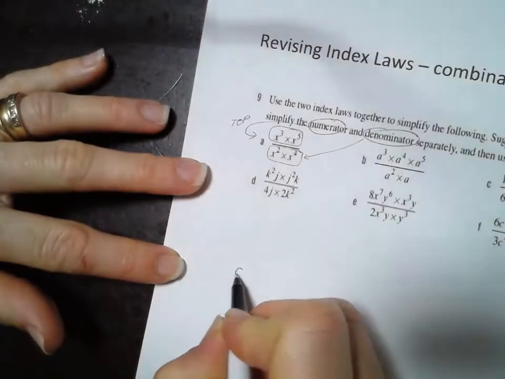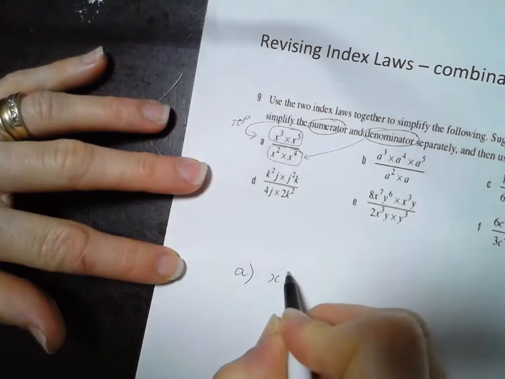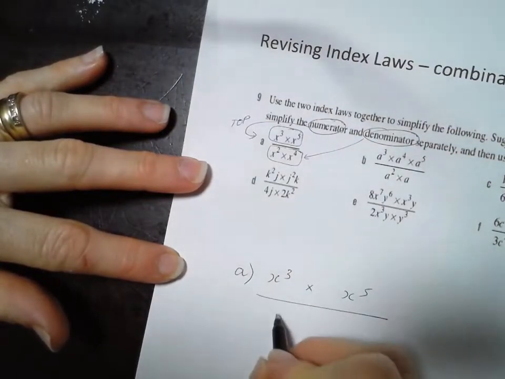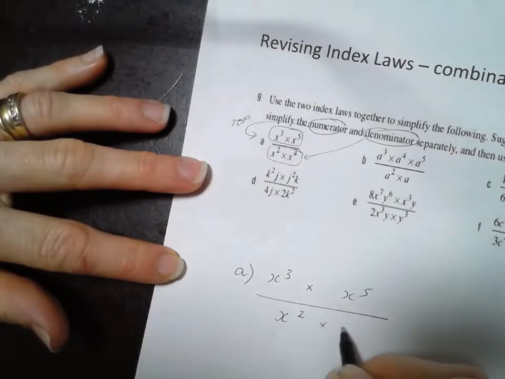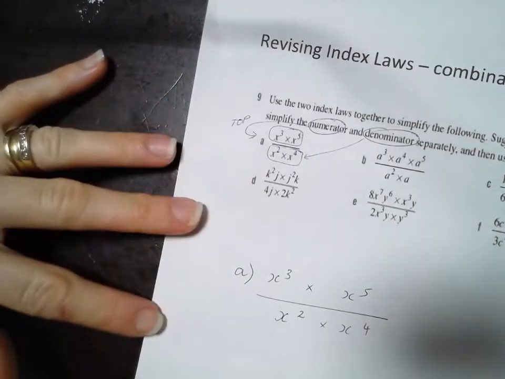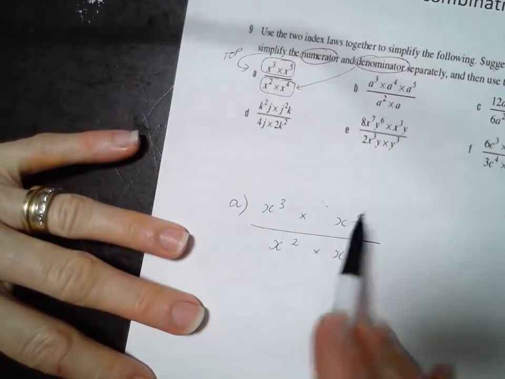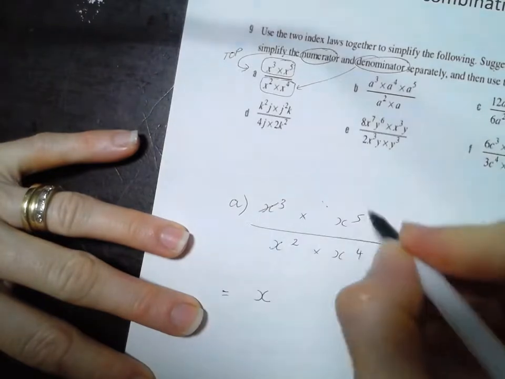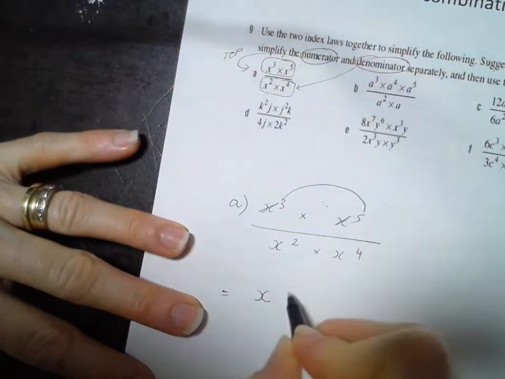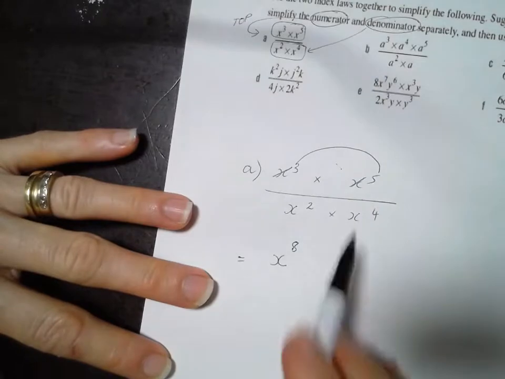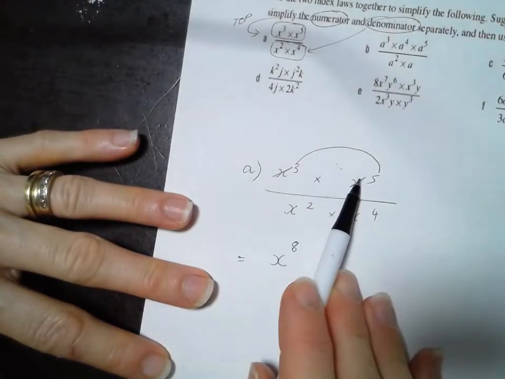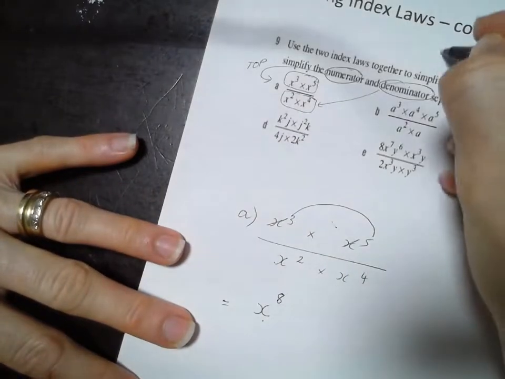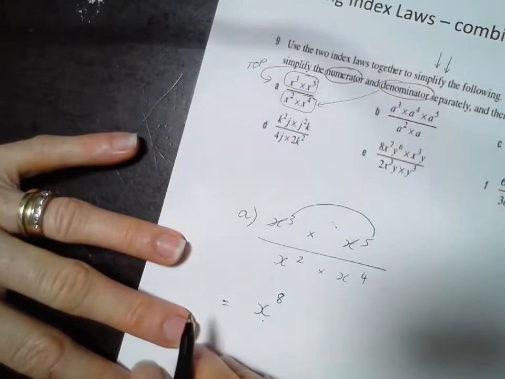So I'll just rewrite our A question down here. So if we look at the numerator first and we follow our rule of keep the base and add the powers, we simplify this part of the question from 2 terms to 1 term, because we're all about simplifying.